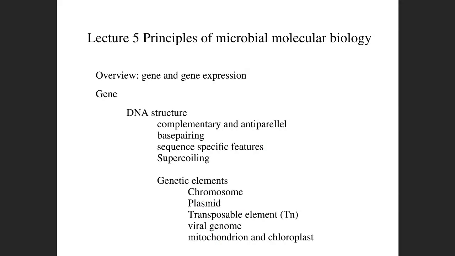Okay, so I'm going to mention, but I'm going to ask you to do the homework of really understanding the difference between genetic elements. And so these are your homeworks.